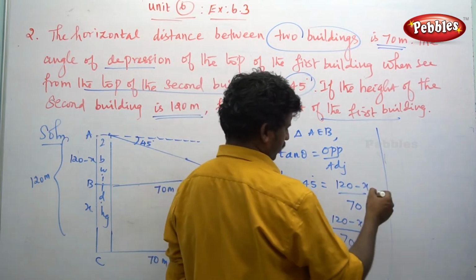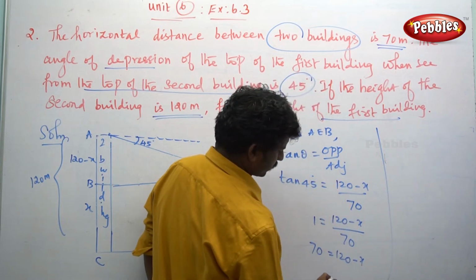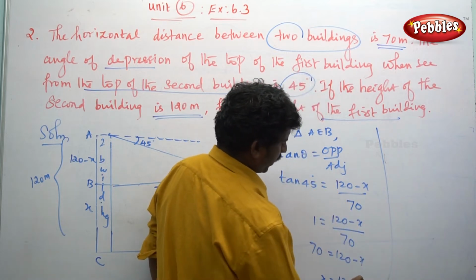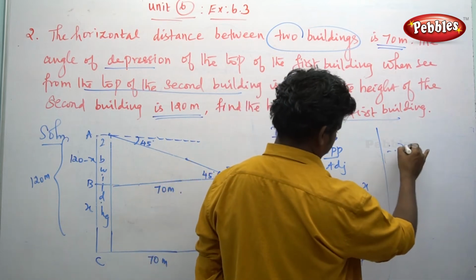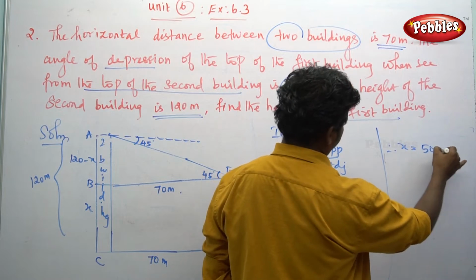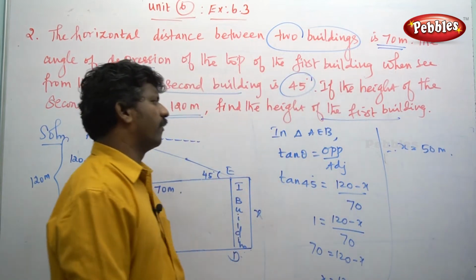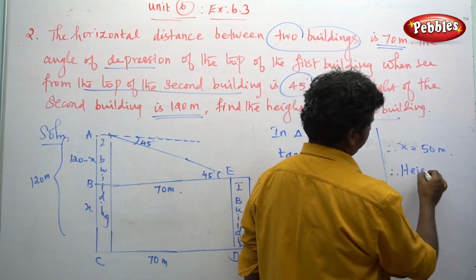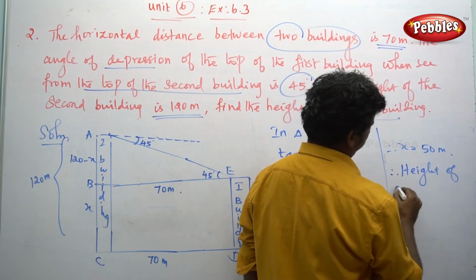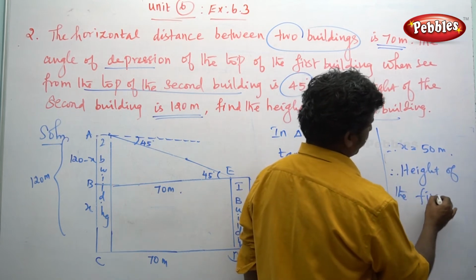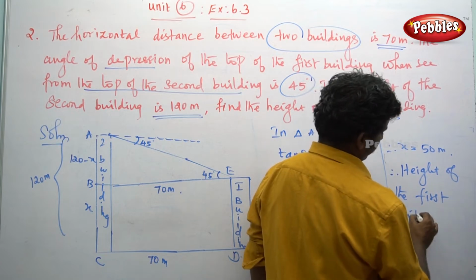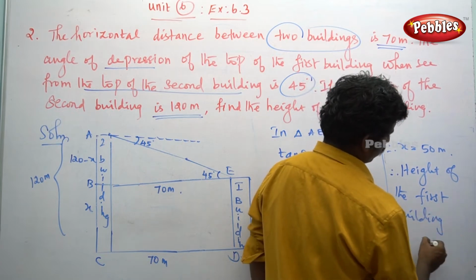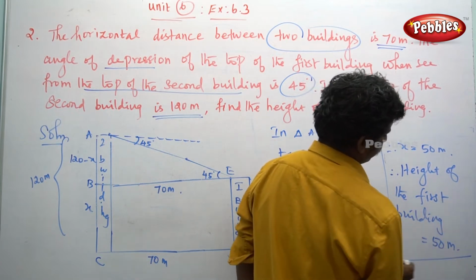This minus x comes here, plus x is equal to 120 minus 70. Therefore x is equal to 50 meter. This is the height of the first building. Therefore, the height of the first building is equal to 50 meter.